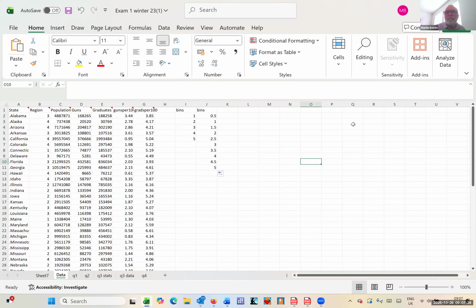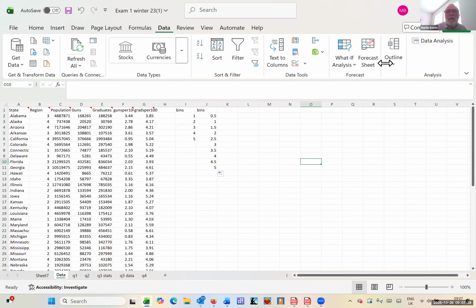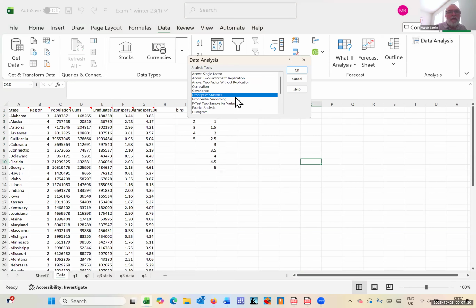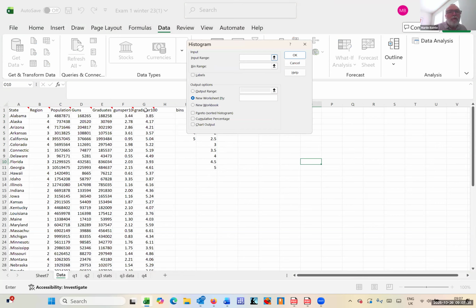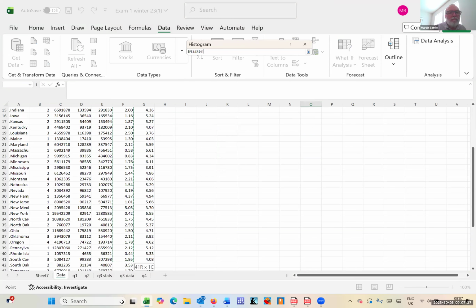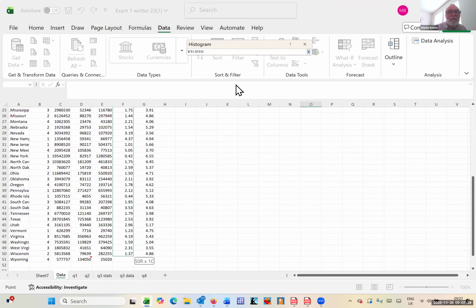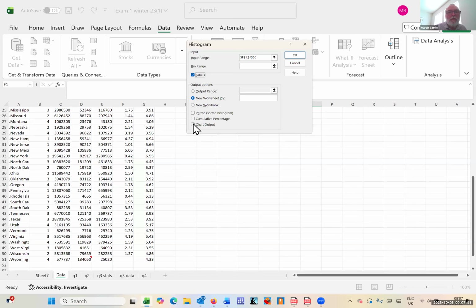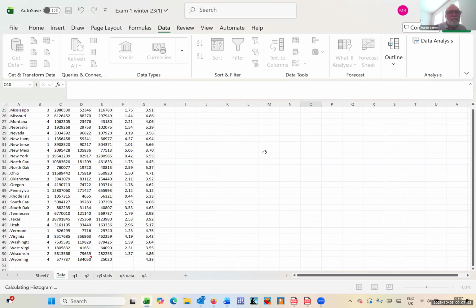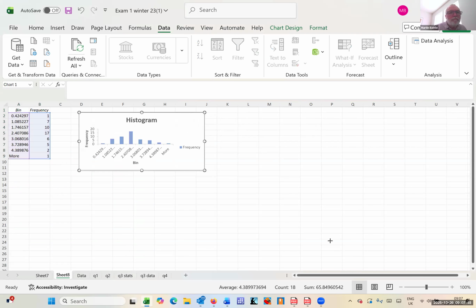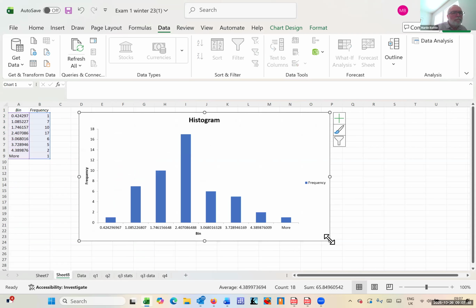All right. So data analysis, go to histogram, input range, guns per 100 people. Yeah, excluding Wyoming, of course. Chart output. Where did I?